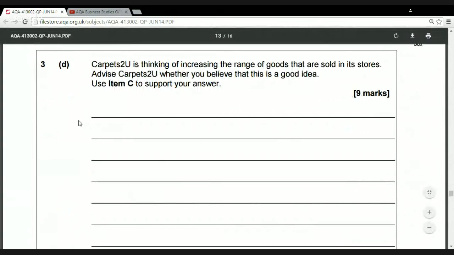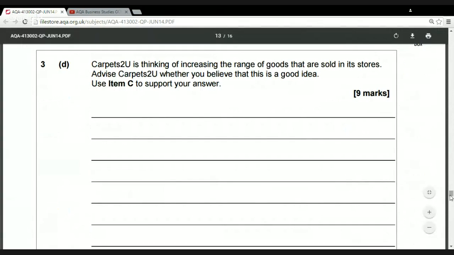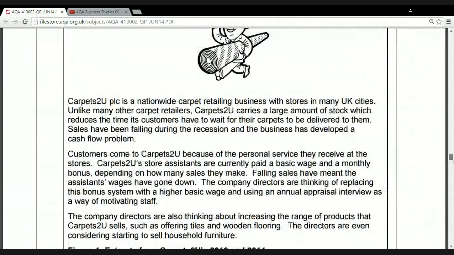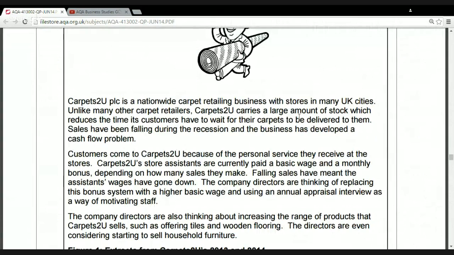A good point is you could say they can change the way they actually sell their items. Right now they're holding large amounts of stock, and sales are falling. They can have less stock.